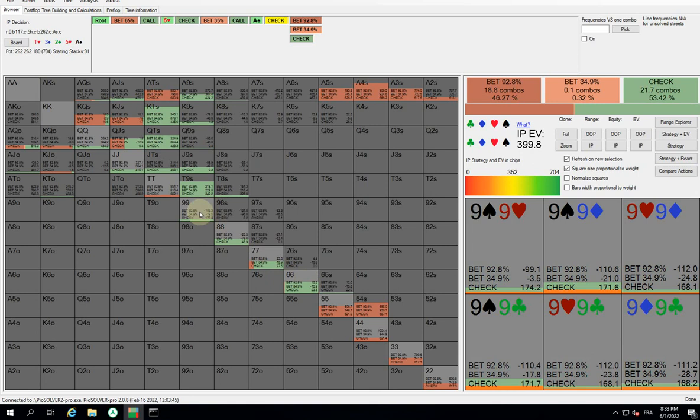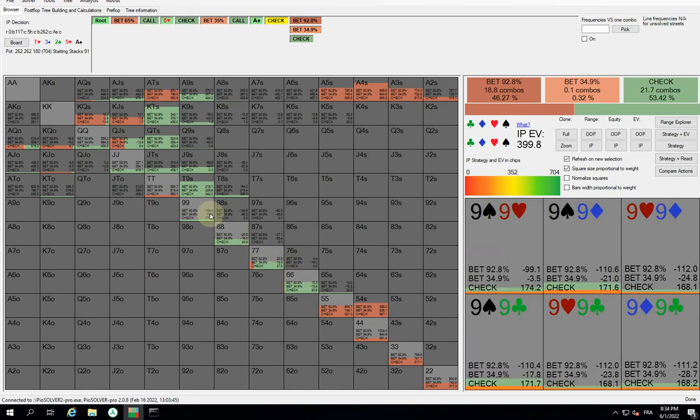So I expect him to be like, oh, what the fuck, on this river, his line is so strange, so what am I supposed to do with my sixes? My sixes will lose most of the time. So if I check back, he looks like he's got nines or something, so I can bluff, and boom, they bluff their sixes. So I think they overbluff their range very often.